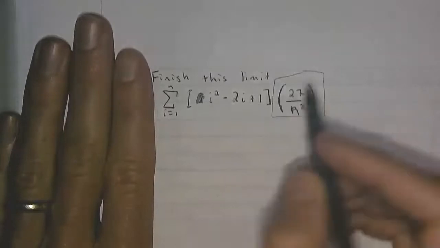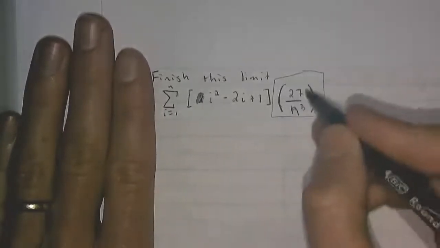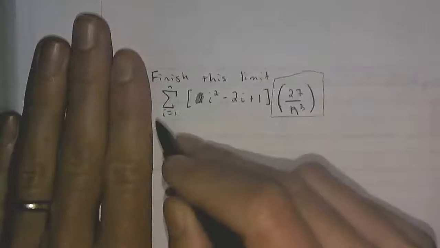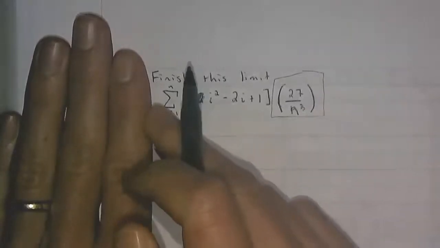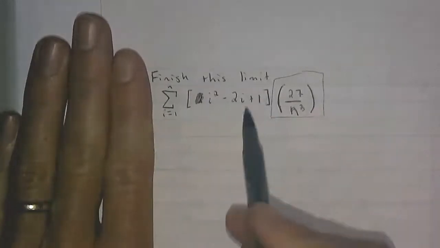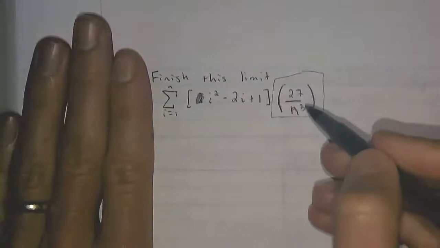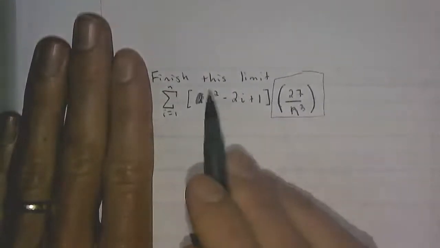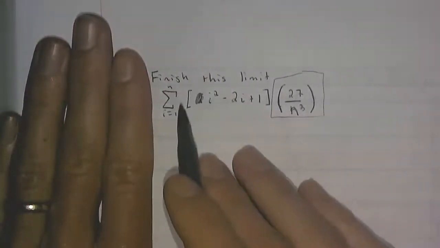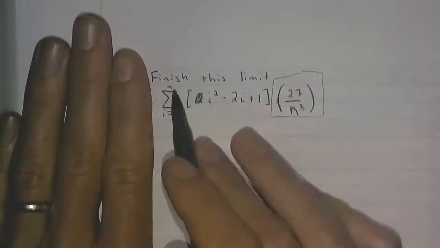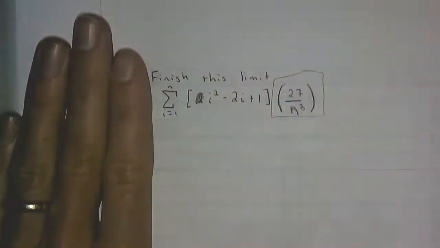So what that means is we can treat this like a constant and pull it out in front of the sum. That's a total legal move based on the theorems that we've seen, and just based on our knowledge of math, that if 27 over n cubed is going to show up in every term of this sum, whatever n is, then we can just factor that out.